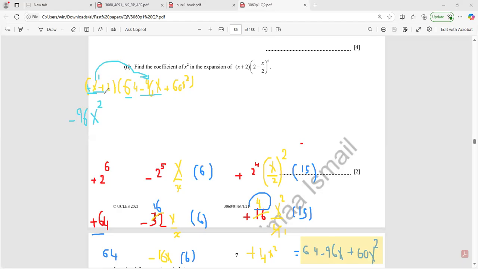The 2 multiplied by 60x squared is positive times positive, equal to positive 120x squared. So the coefficient will be equal to 120 minus 96, which equals 24, and done. Let's see the next.